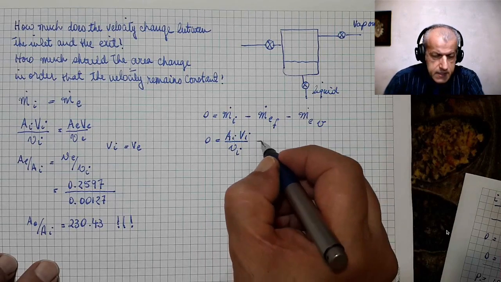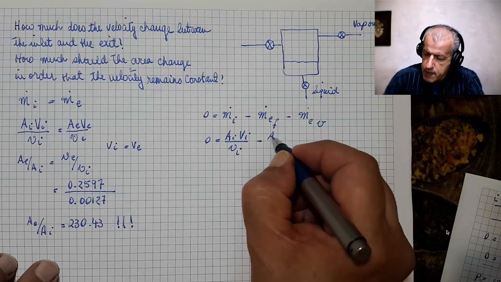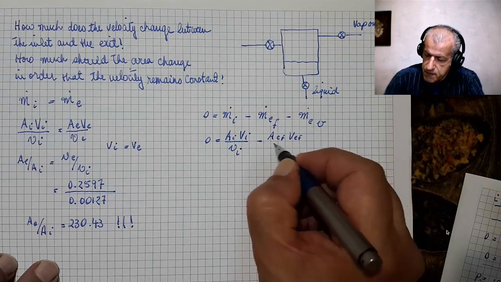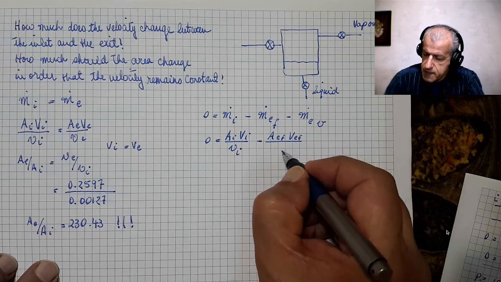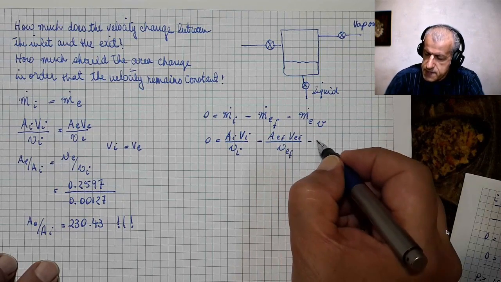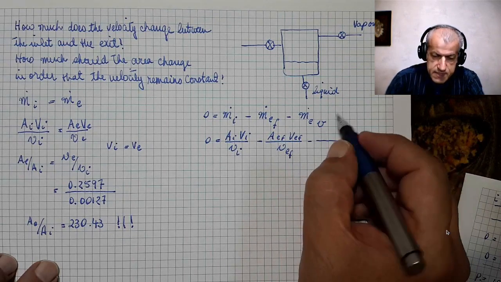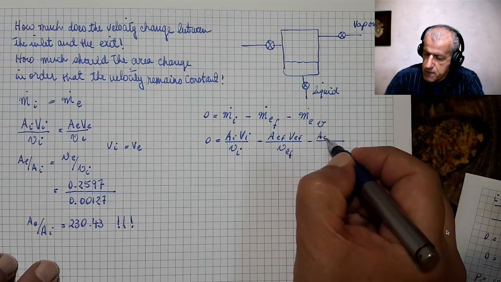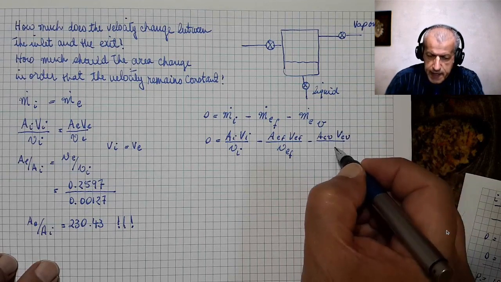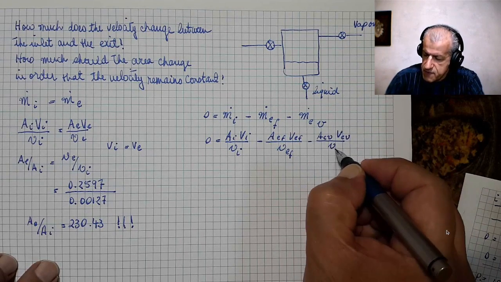Minus area for the liquid, velocity for the liquid, and VEF for the liquid, minus the same for vapor, VEV, and the specific volume.